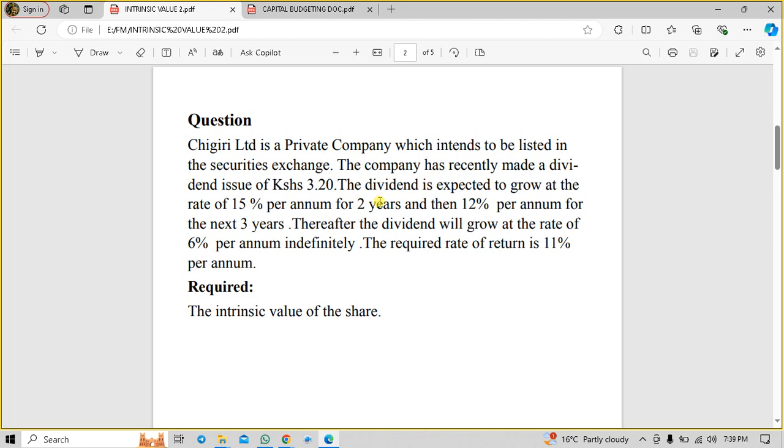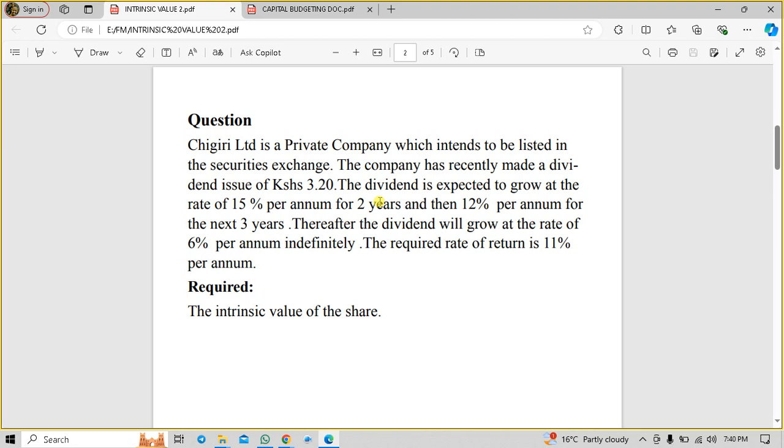If you can Google, you can see a number of companies. So we have companies like Safaricom, Equity Bank, ABSA. Actually, many companies in Kenya are listed in Nairobi Stock Exchange.